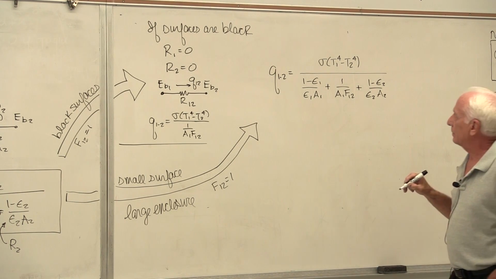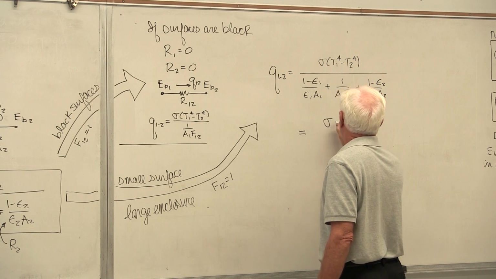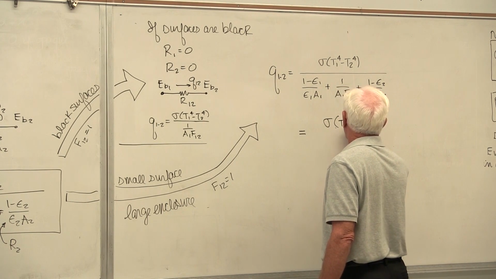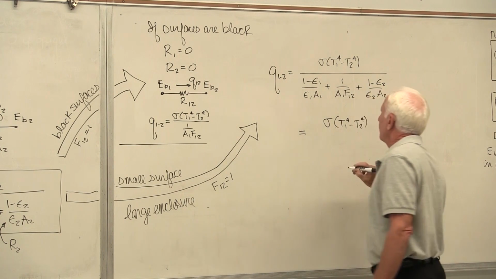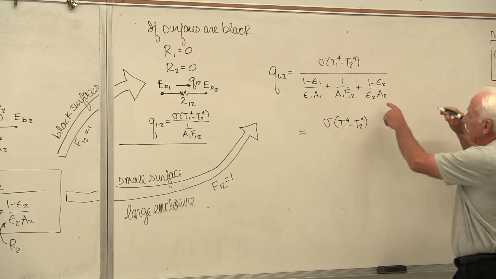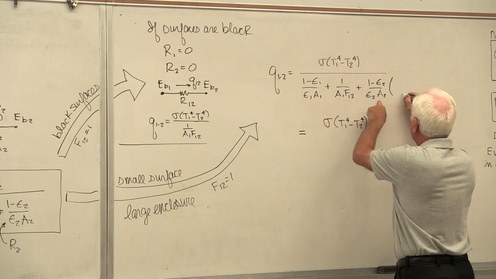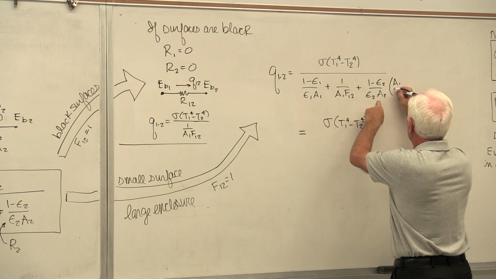Okay, so now I'm going to rewrite this. I'm going to multiply this last guy over here by A1 over A1.